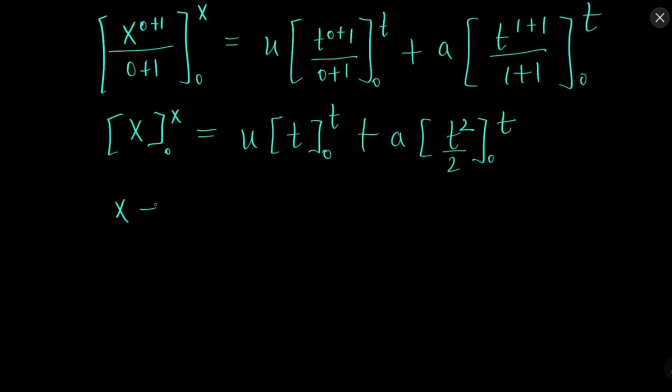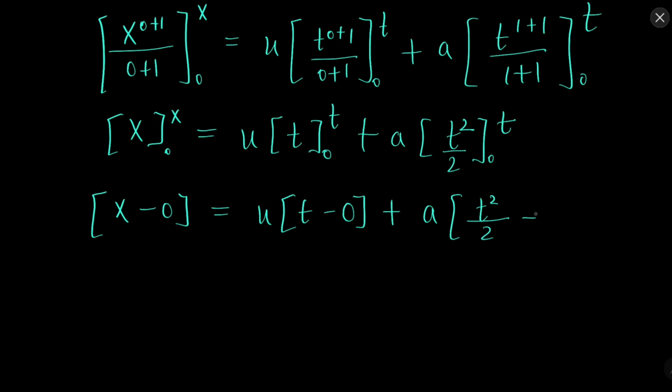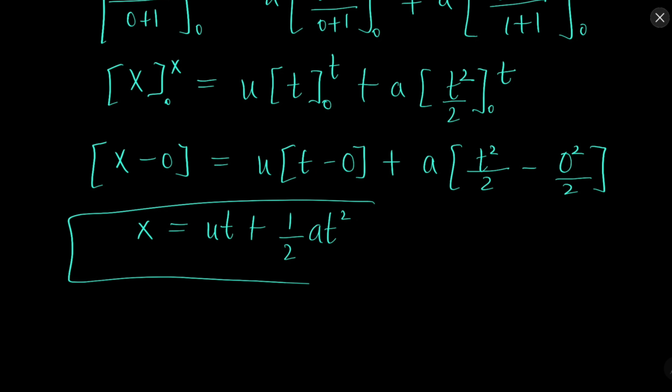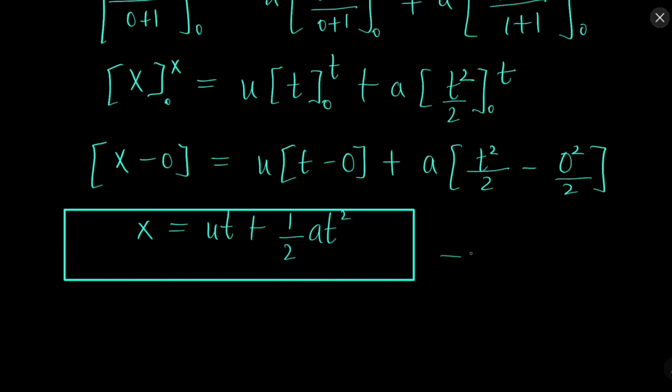Now again upper limit minus lower limit, plus again upper limit minus lower limit, putting 0 in place of t and t in place of t. So I get x equal to ut plus half at square. So this gives me the second equation of motion.